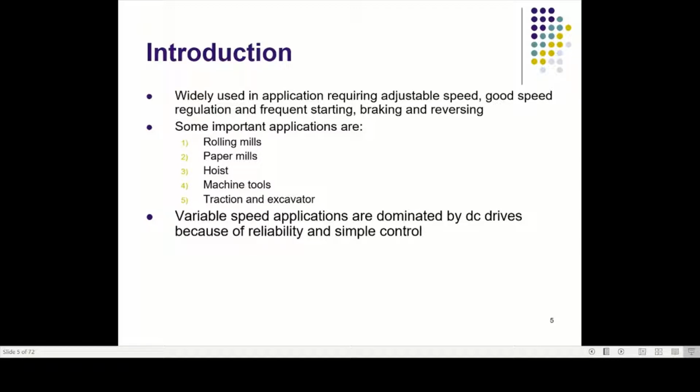And fractional horsepower DC motors are widely used as servo motors for positioning and tracking. Although since late 60s, it is being predicted that AC drive will replace DC drive, however, even today, the variable speed applications are dominated by DC drive because of low cost, reliability, and simple control.